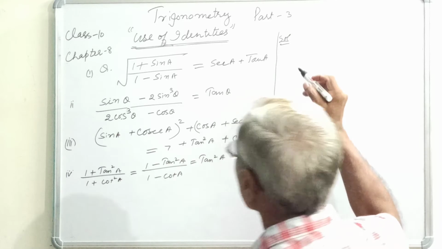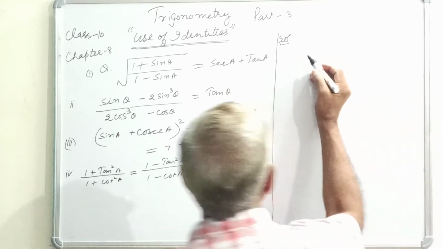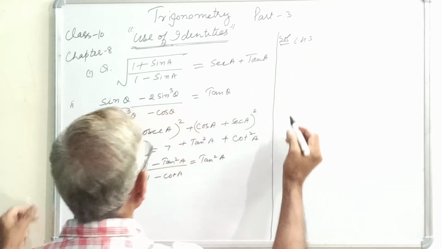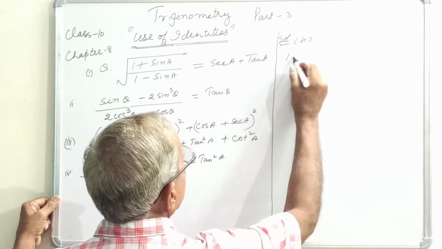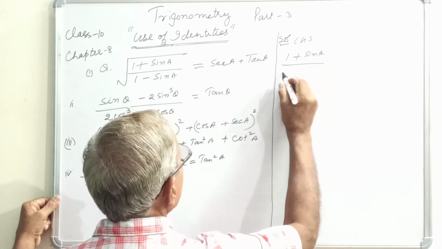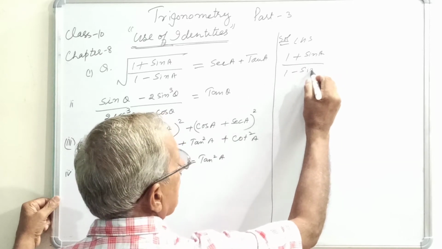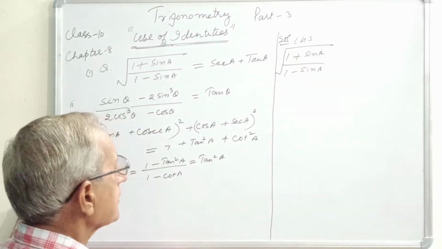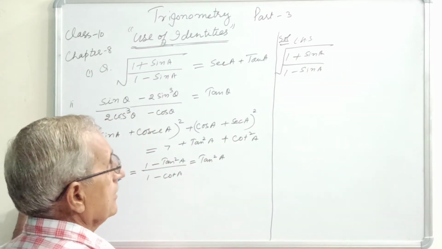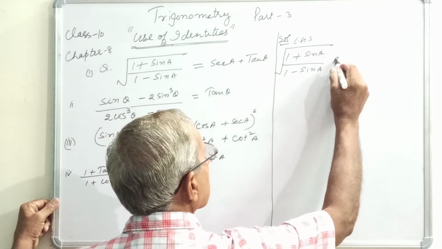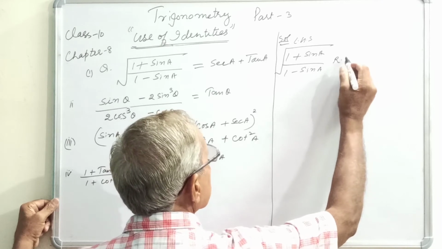So let us start with the solution. Left hand side, 1 plus sine A upon 1 minus sine A under root. Just see in the denominator 1 minus sine A. So rationalizing the denominator.